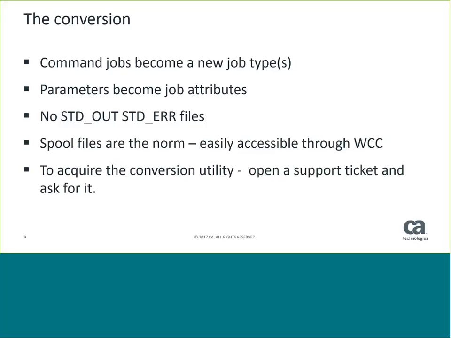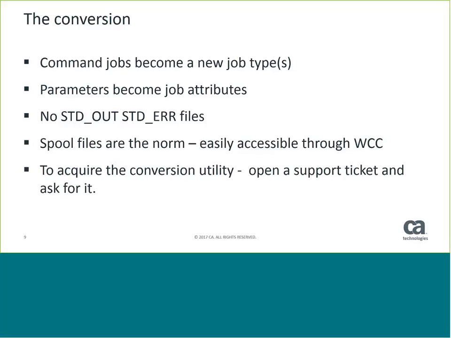One of the big differences, and this is where we have to look at how you're managing these, is that with the plugin, there are no standard out or standard error files. Okay, everything is done through the spool file. If you've worked with any of the new job types within AutoSys, you know that there's no standard out, standard error. We now write to a spool file, easily accessible through WCC, a little bit of tweaking to access them through a terminal session.